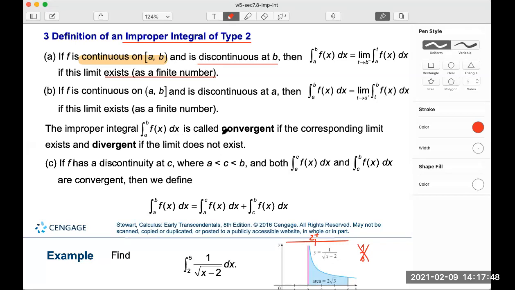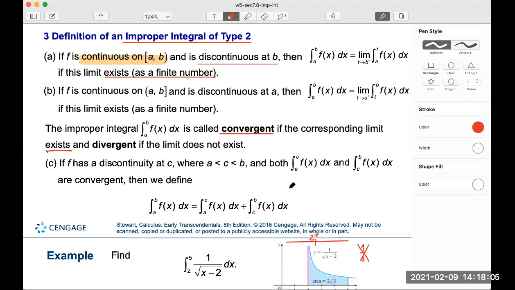Then it is called convergent if the limit exists, and it is called divergent if the limit does not exist, or the limit goes to infinity or negative infinity. Okay?